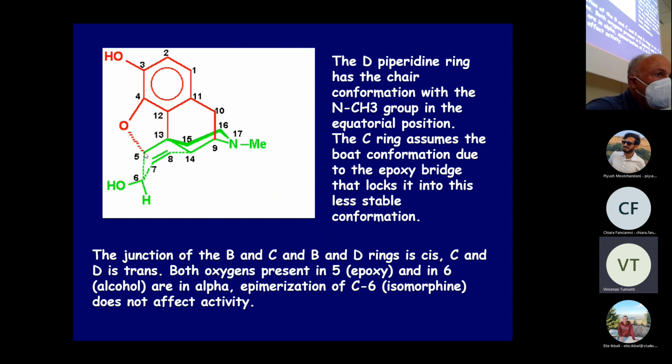You know that the boat conformation is not the most stable conformation, but there is this bond with the oxygen able to block ring C in this high energy conformation.